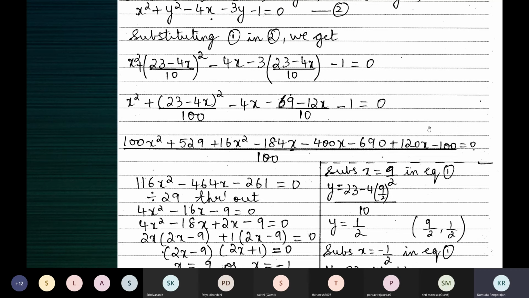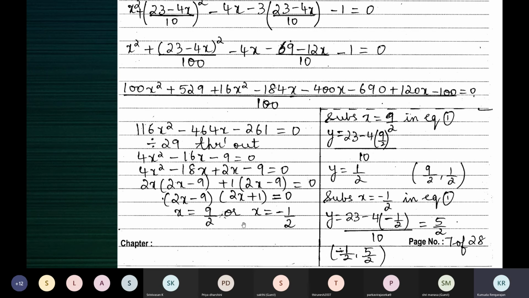Then on simplifying the x square terms, x terms, and the constants, you get this equation. Divide by 29 throughout. You get a simpler equation. Then split the middle term and get the two values of x.